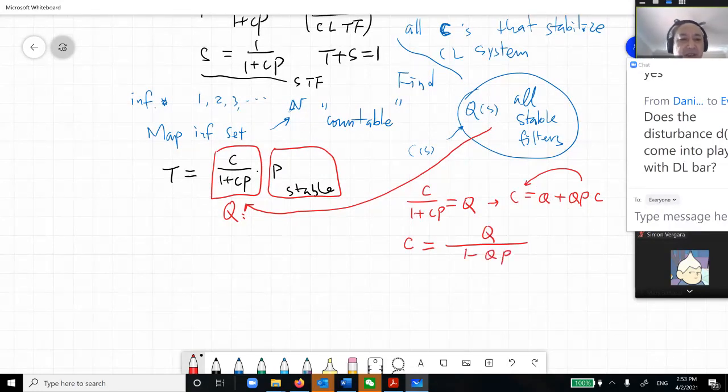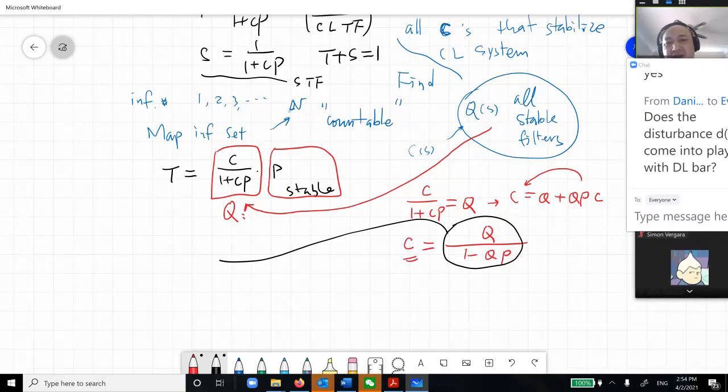1 minus QP. So in other words, if I choose C in this way and put it back into this, then this red box will become Q. Then this T will be QP. P is stable, Q is stable, so T is stable.